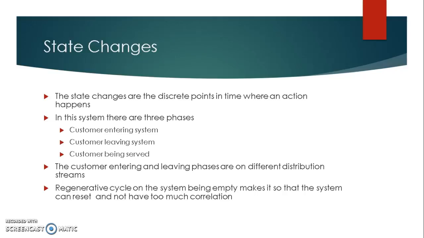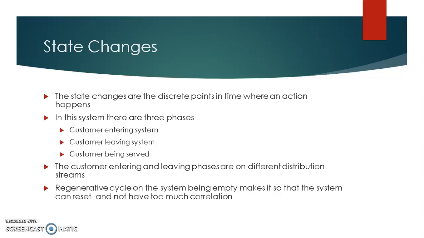The customer entering the system and leaving the system are based on different distribution streams. We don't want them to be together because that leads to high correlation in the simulation method. Also, it just doesn't make sense that your arrival distribution and your departure distribution, the two distributions we're going to be using, are drawn from the same distribution.